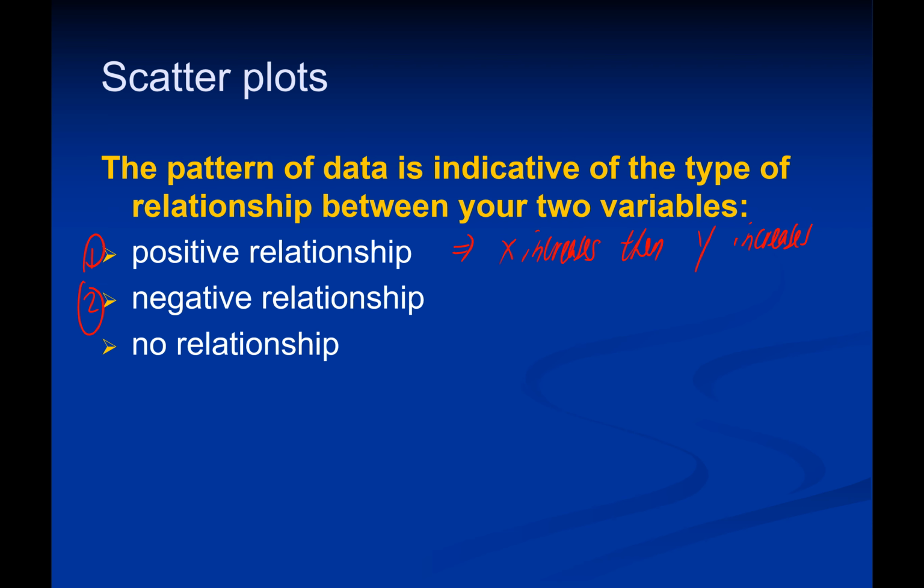The second type is a negative relationship: as x increases, y decreases. The third is no relationship: no matter how x changes, y does not change correspondingly. It's a random relationship.